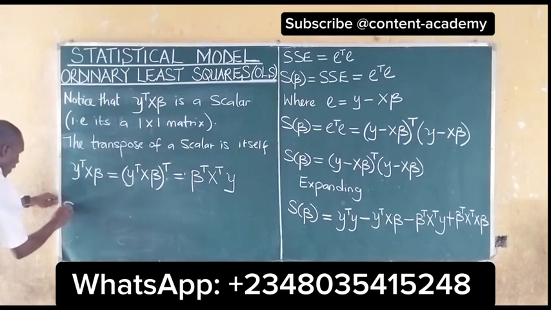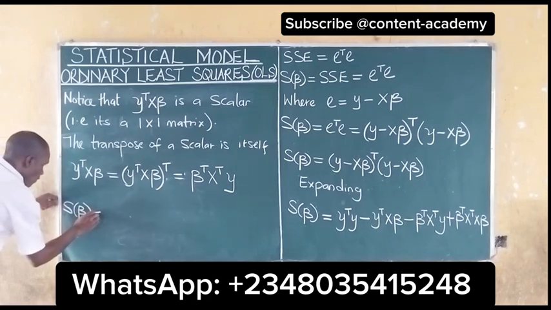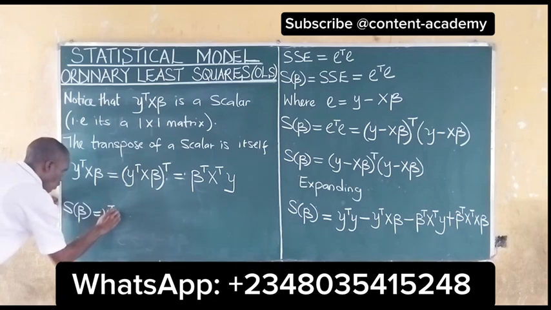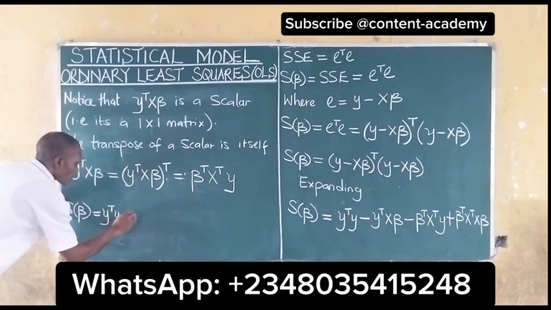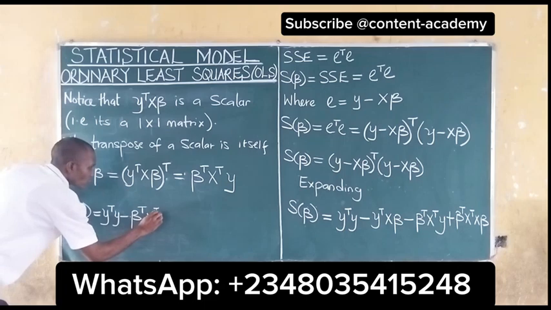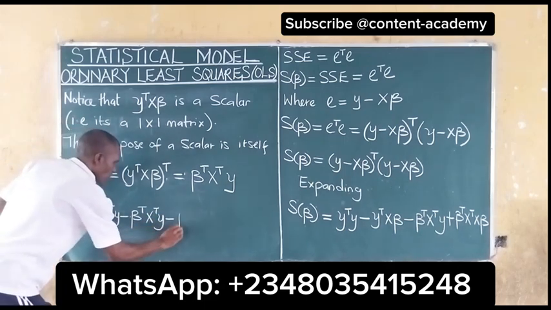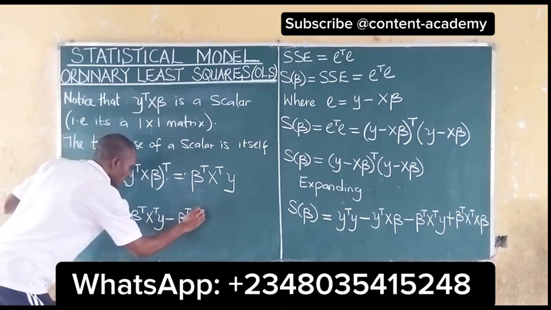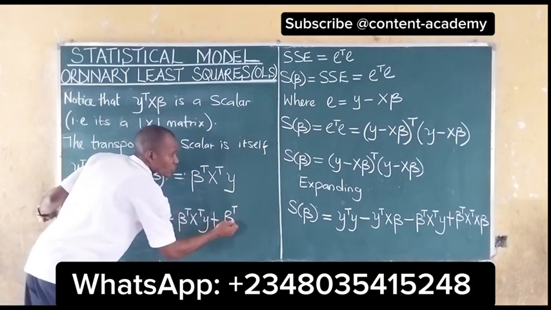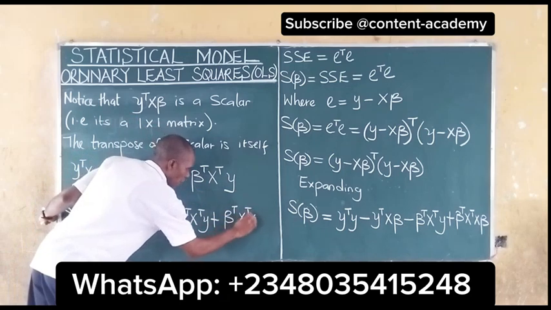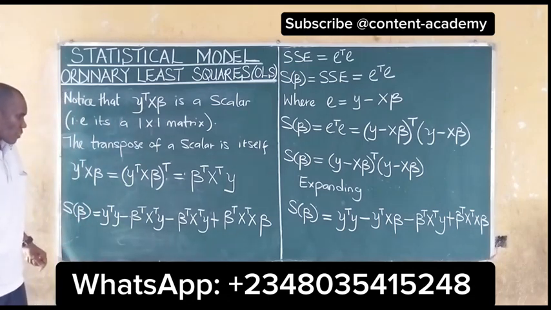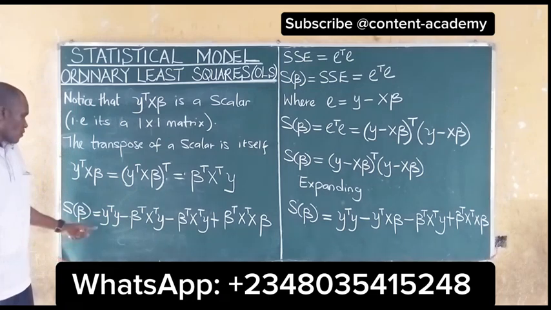So we can write our objective function, which we are looking for, the vector b, as y transpose y minus b transpose X transpose y minus b transpose X transpose y plus b transpose X transpose Xb.